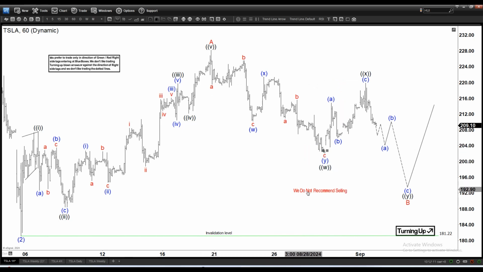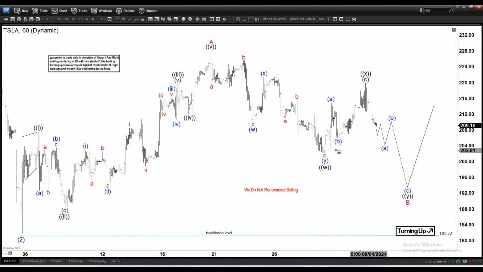Basically, the whole indices market now is correcting the rally that started from early August, whether you're looking at S&P or individual stocks or anything, it is correcting that cycle right now. And in the case of Tesla, the correction could continue, right? And basically it can somehow retest this 181.22.